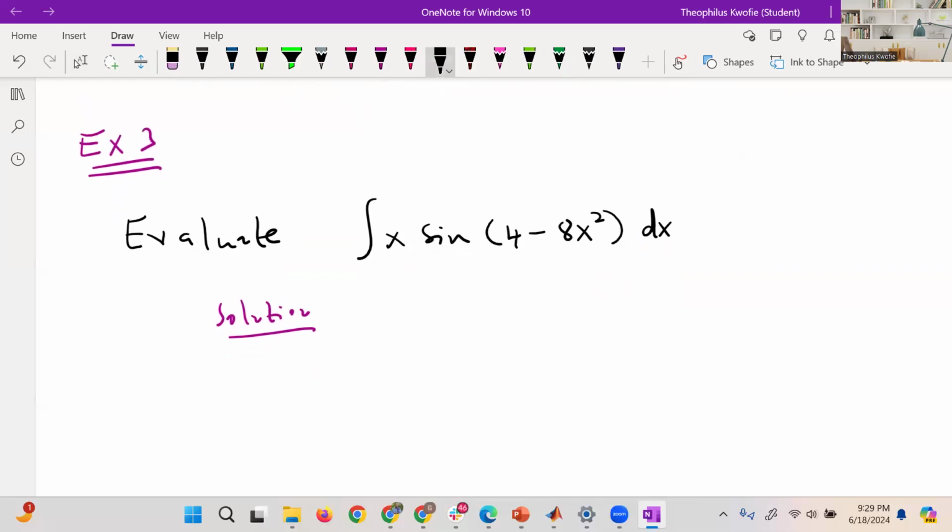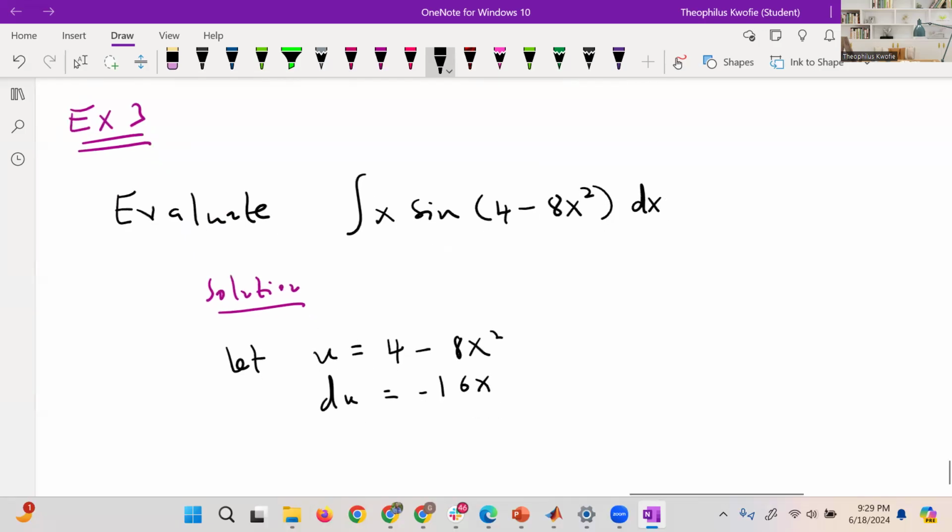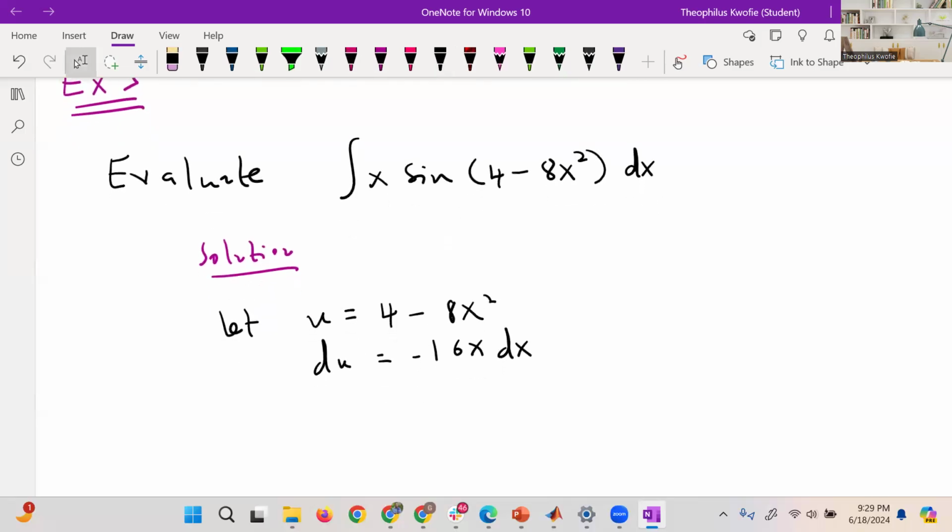So what do we let u be? You can let u be equal to 4x minus 8x squared. On that note, your du will be minus 16x dx.